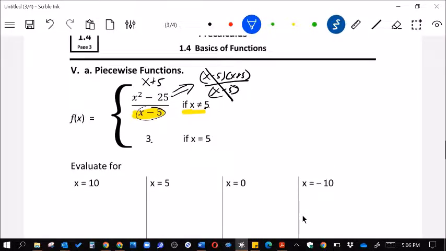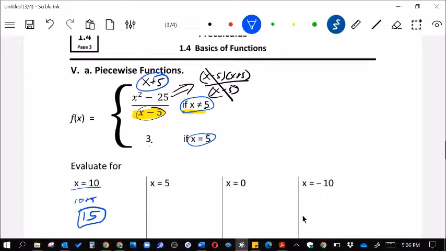So now let's use it. Let's say I put 10 in. Well, if I want x equals 10, I can't use that one because it's only, oh, wait a minute, I can. This is the one where I do 3 only if x is equal to 5. If x is not 5, then I use that. So that means I will do 10 plus 5, so 15.